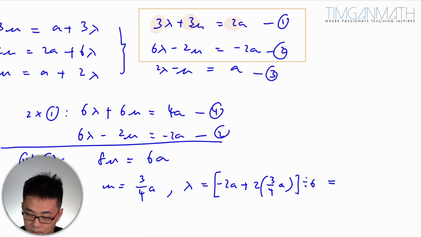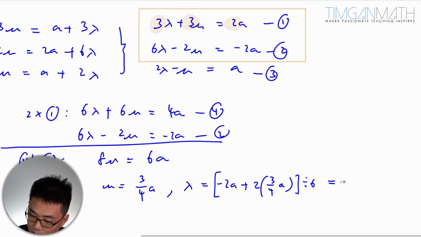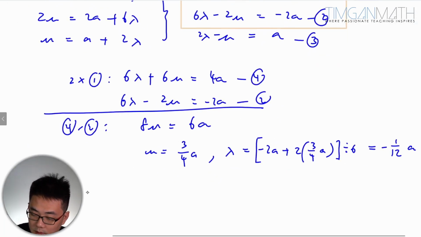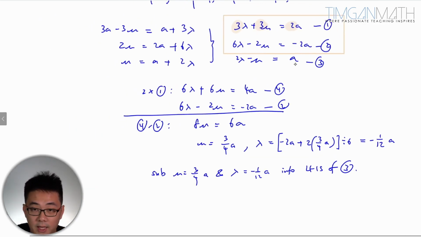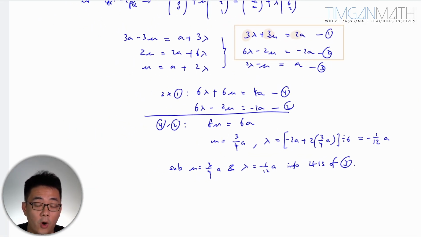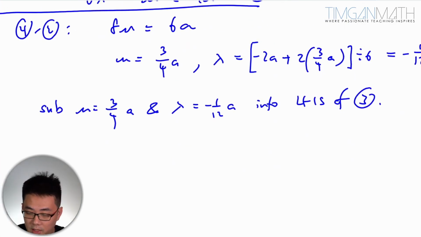That gives lambda equal to negative 1 over 12a. Now we sub mu equals 3 over 4a and lambda equals negative 1 over 12a into the left hand side of 3, and hope that we get a. If we get a, it means you satisfy all 3 equations with this lambda and mu. If not, then it has to be a skew line.